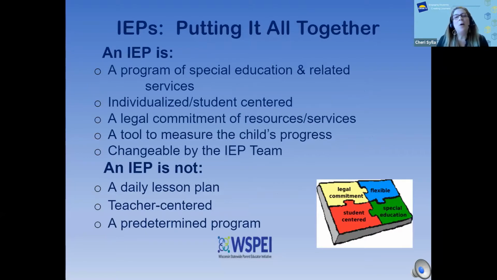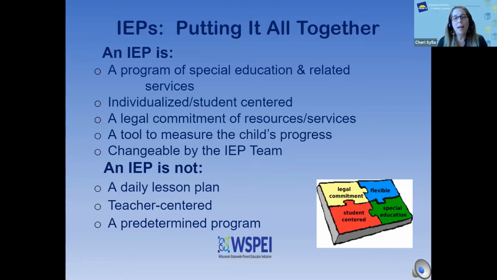All right, so this slide just in a nutshell puts it all together as far as what an IEP is and what it's not. An IEP is a program of special education and related services that's very individualized and based on what the student's needs are. It's a legal commitment of resources and services.